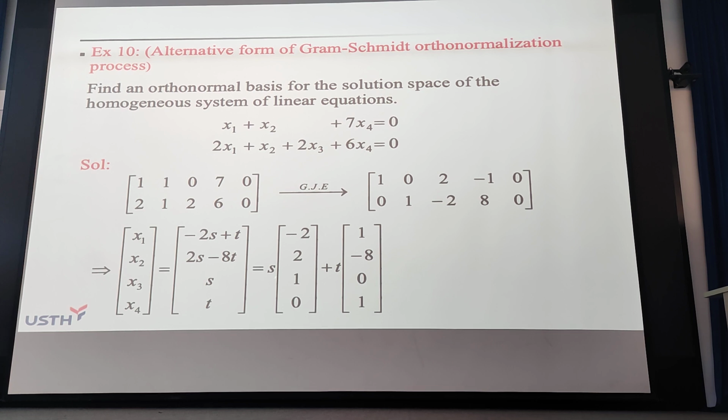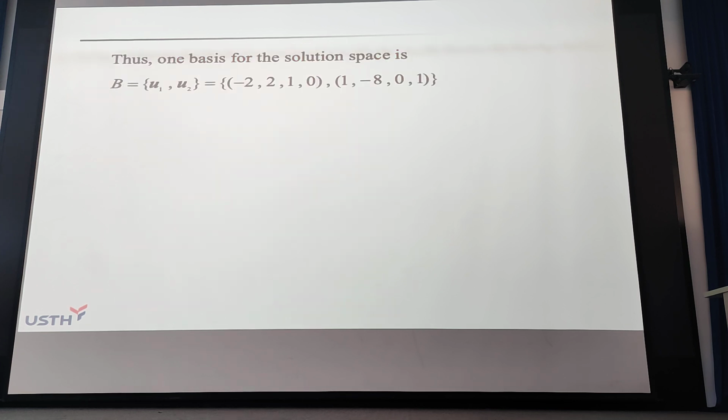And if you write it in the form s times that one plus t times that one, then you see that vector and that vector will make a basis for the solution space. So please remember that column vector and that column vector will make a basis for the solution space.